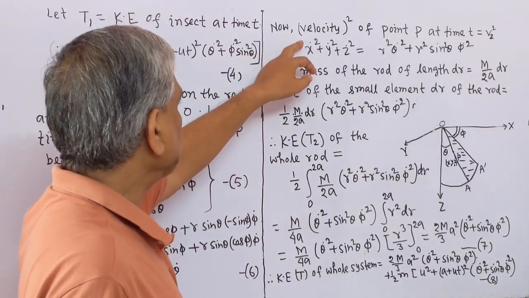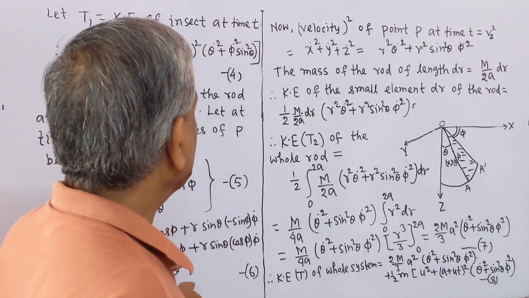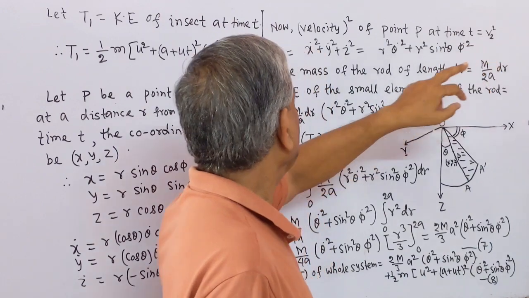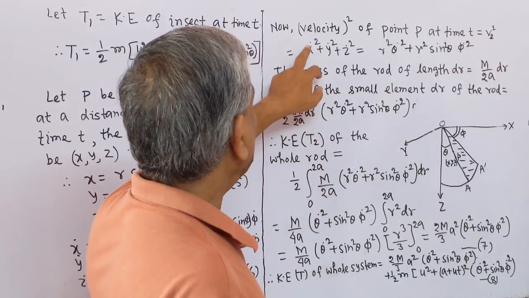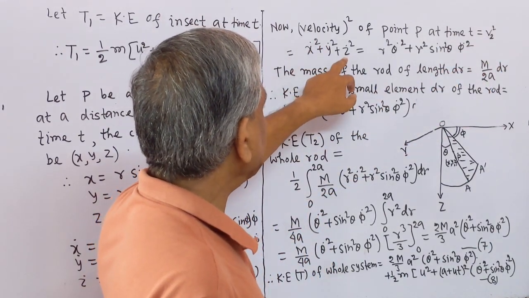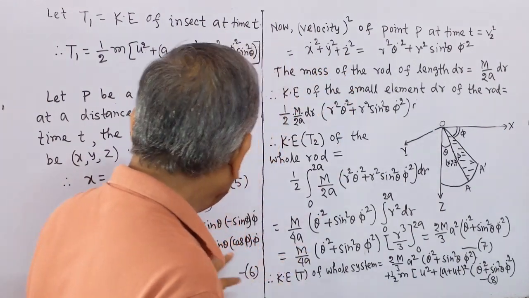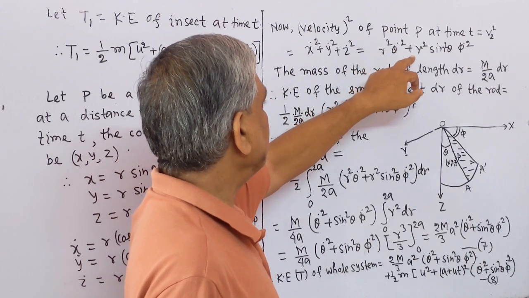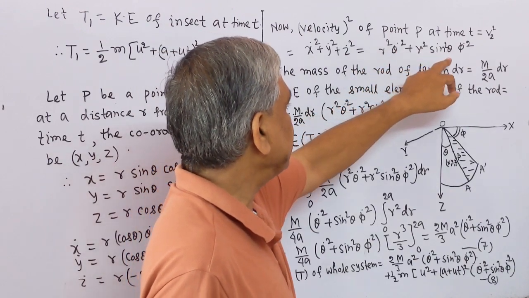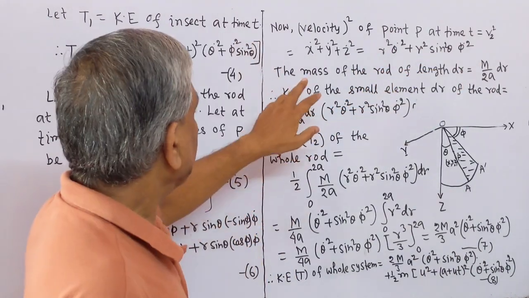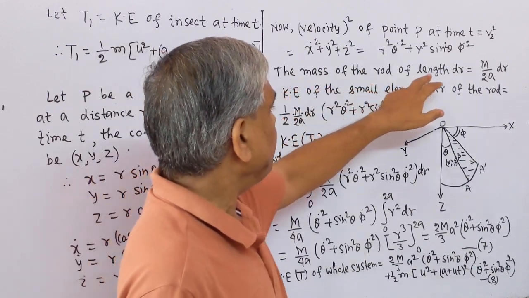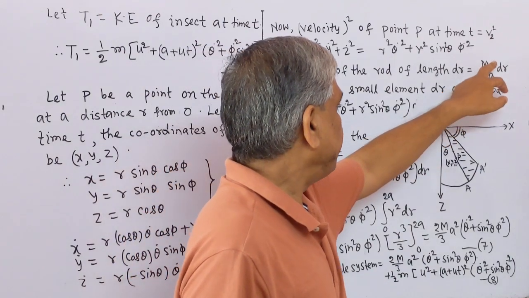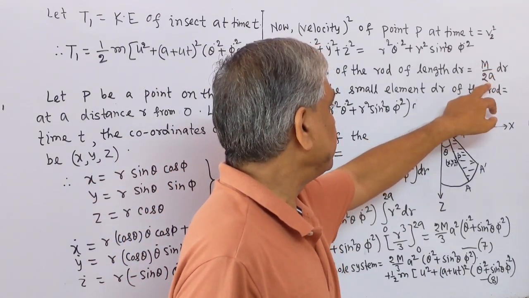Now the velocity square of the point P will be v2 square, that is equal to x dot square plus y dot square plus z dot square, and by calculating this we will get r square theta dot square plus r square sin square theta phi dot square. Consider the mass of the rod of length dr: the total mass of the rod is capital M and the total length is 2a.